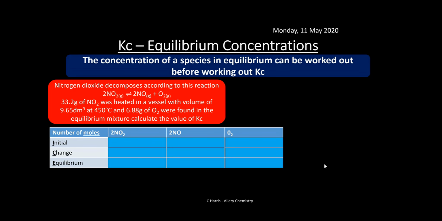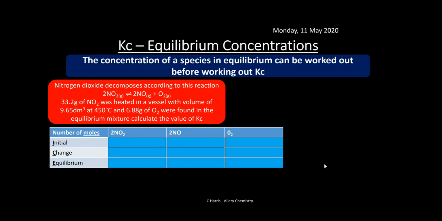Okay. So what we've done here is we've drawn a table. The table shows the number of moles of NO2, NO, and O2. We've literally written down our products and reactants that will appear in the Kc expression. Along the left you see we've written initial, change, and equilibrium.